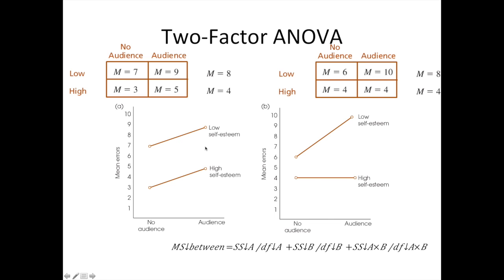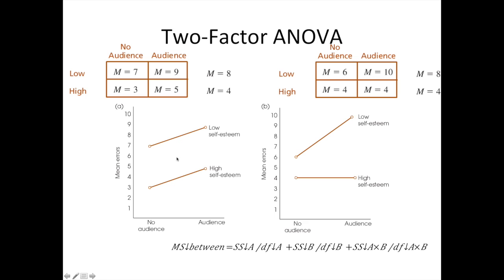There's going to be some sort of slope to the line drawn between the 2 means. So in this graph on the left, we actually see that there's a significant effect due to self-esteem level as well as whether or not there's an audience. I use the word significant liberally here because we haven't done a statistical test, but you can see there's a difference.